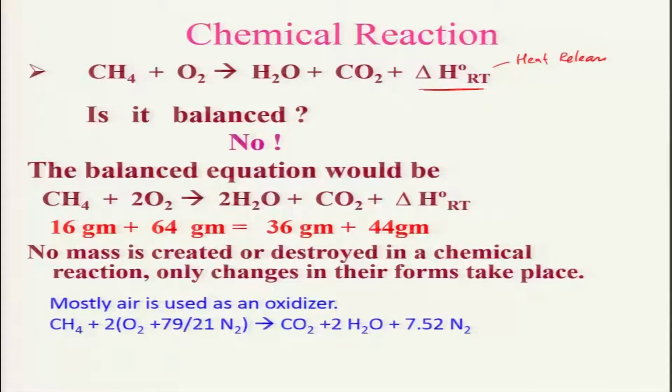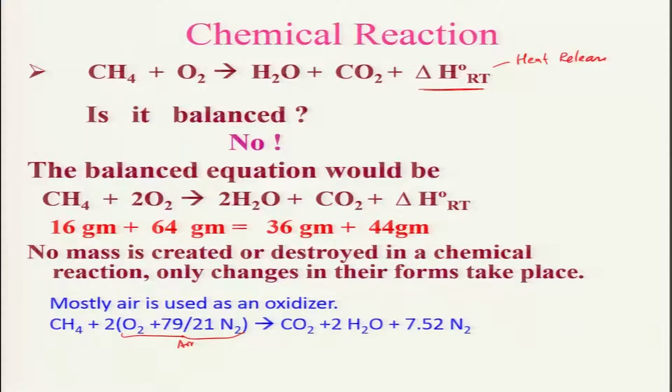However, we will be using air and also we may be using different oxidizers, but as we use air for most combustion, not in rocket propulsion but in general combustion, let us look at this. 1 mole of methane is reacting with 2 moles of air.